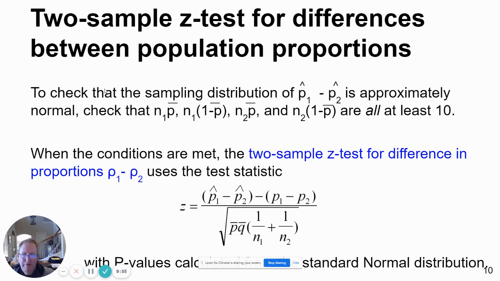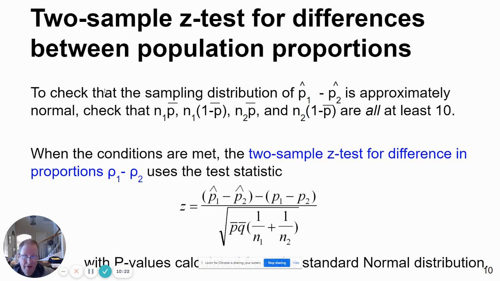When the conditions are met, the two sample z-test for differences in proportion rho 1 minus rho 2 uses this test statistic right here. So the numerator is p hat 1 minus p hat 2 minus the difference in rho 1 minus rho 2. And if our null hypothesis is that there's no difference, well, then we're going to put a 0 right there.